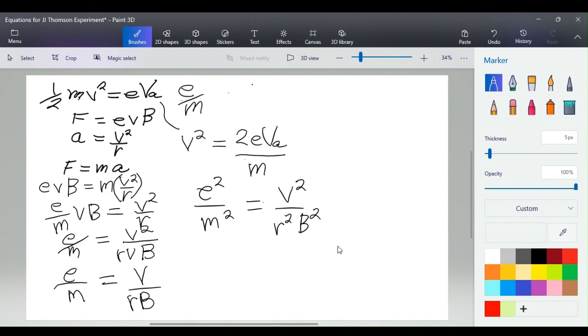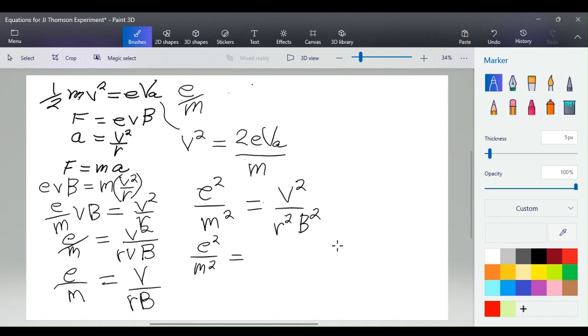Well, we still have that pesky V there. But if we've got that V squared, we can plug that in for this thing. Let's see what happens then. Then I've got E squared over M squared equals, now I'm going to get rid of this V thing here.